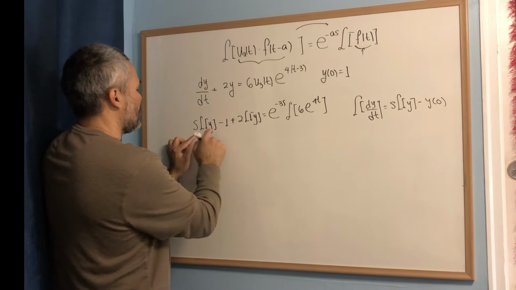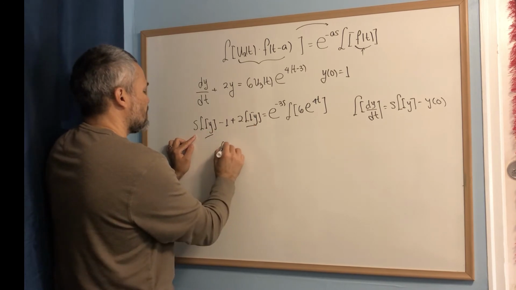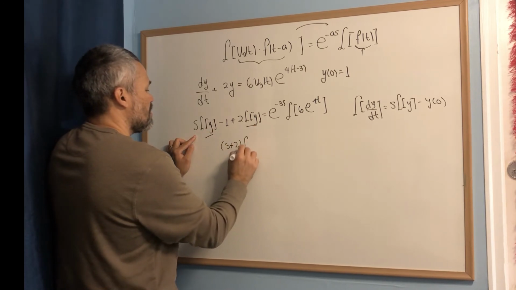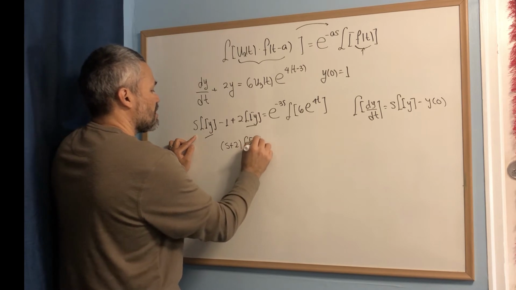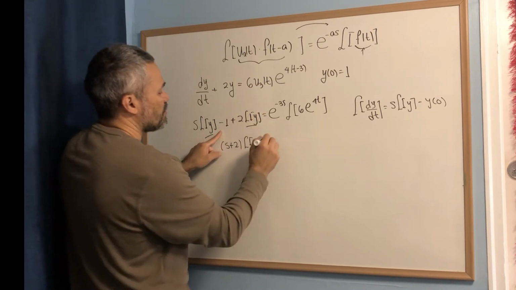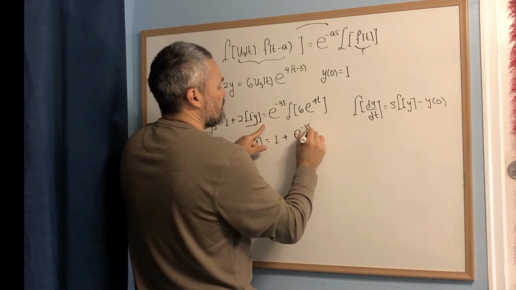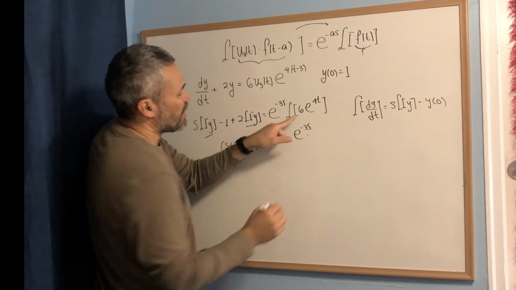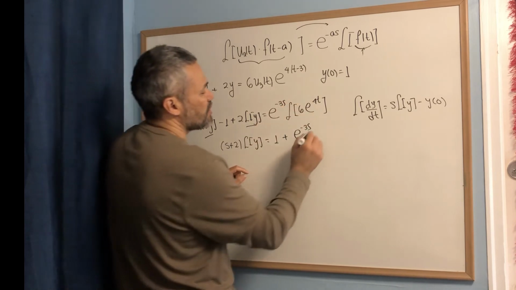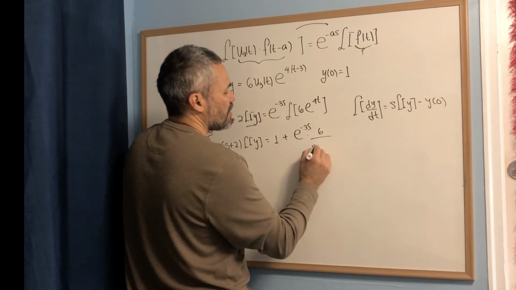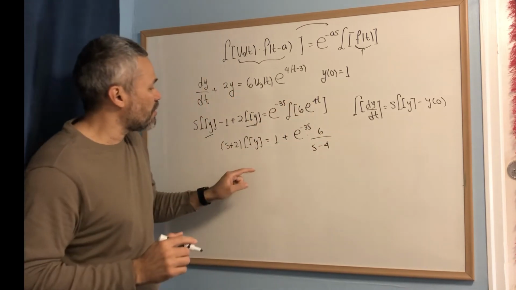And then we combine these two terms. We get s plus 2 times the Laplace transform of y. We're going to move this one to the right. And then we get this e to the negative 3s. The Laplace transform of 6 e to the 4t is 6 over s minus 4.